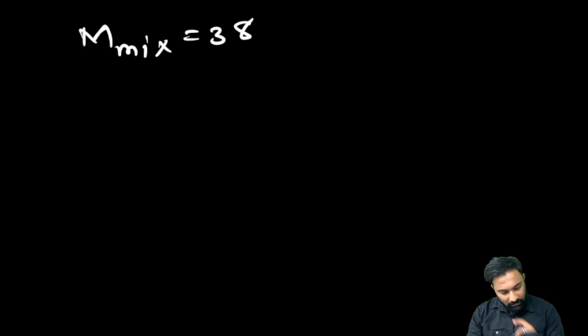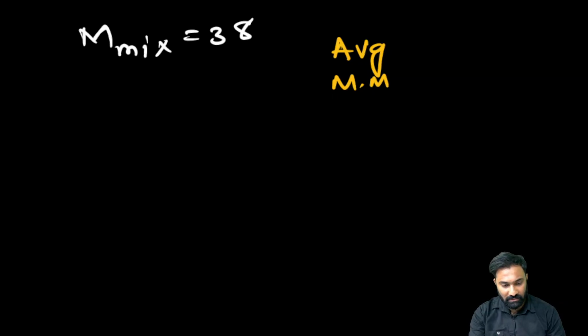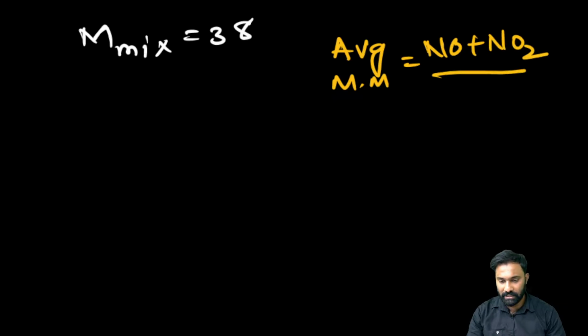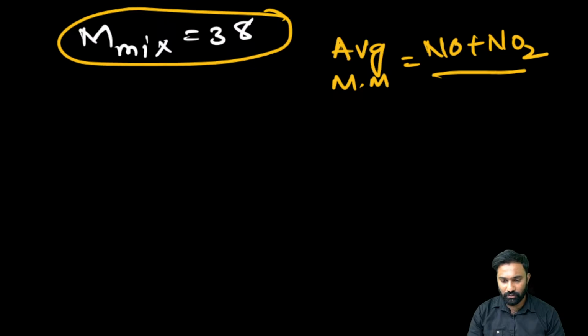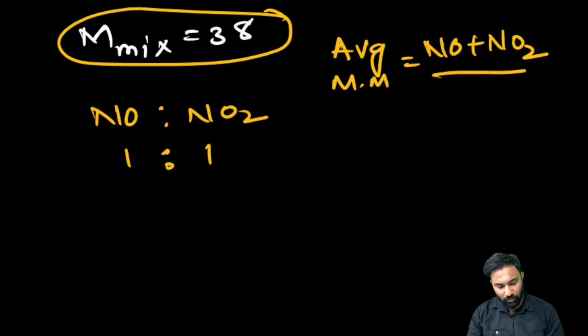Now the only thing you have to do is check the average molar mass of the mixture of NO plus NO2. If it is equal to the M mixture, then both the gases NO and NO2 are in the 1:1 mole ratio.